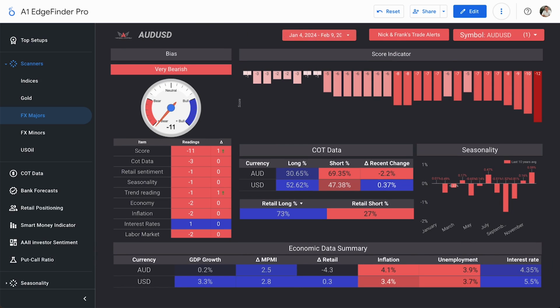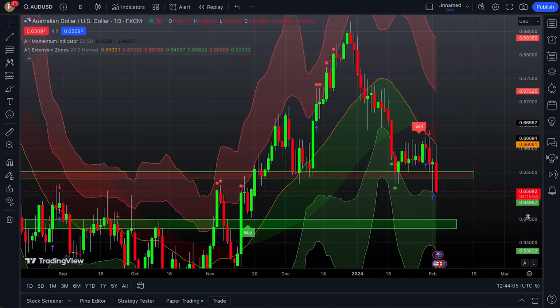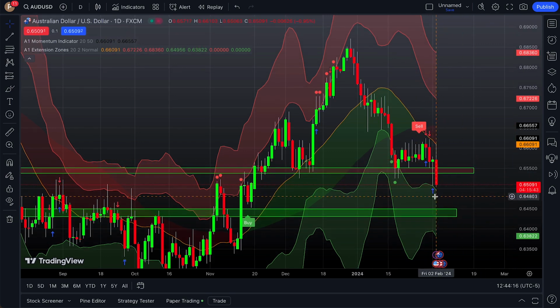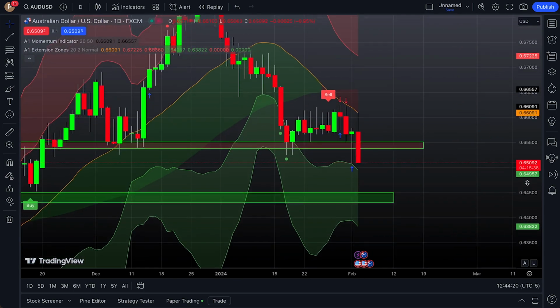Could finish up here by taking a look at the Aussie dollar chart. Again, we're on the daily chart, and this thing has been trending down for a while. In fact, I had this little level of support marked up, and today we absolutely busted through that with that big NFP report. That NFP report was huge today.